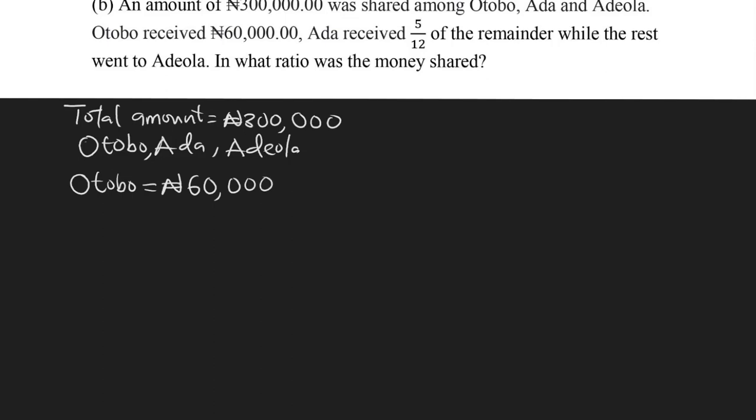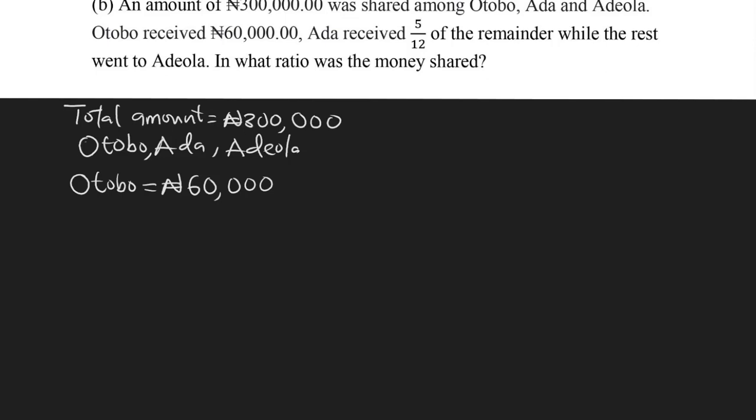Is that not? And the question says that Ada received 5 over 12 of the remainder. So what are we going to do? We have to find the remainder first. Because if we find the remainder, we'll be able to get 5 over 12 of that remainder, and that is Ada's share.